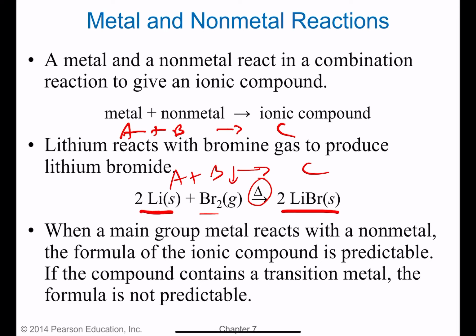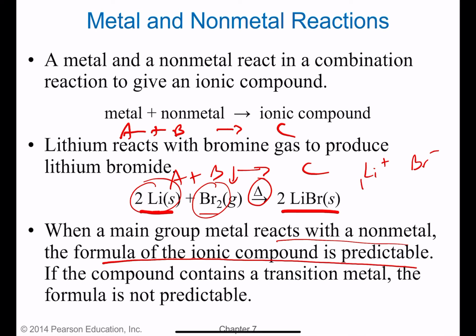So then when a main group metal reacts with a nonmetal, the formula of the ionic compound is predictable. So this goes back to when we were talking about nomenclature. So like lithium, for example, that's in that first column. So you know that lithium as an ion is always going to be +1. And then bromine is a halogen, it's always going to be a -1.